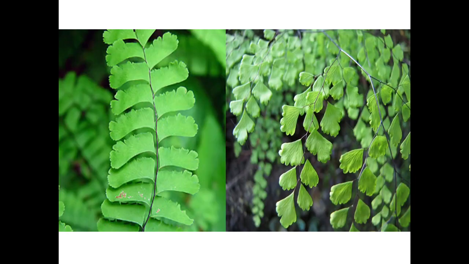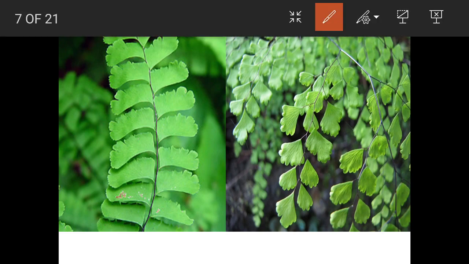So in the next slide you can find here, in the left picture, the leaves are directly attached, or sometimes we say the petiole is very short. Whereas on the right side, the stalk of the leaf is very long. So here we say it as what?